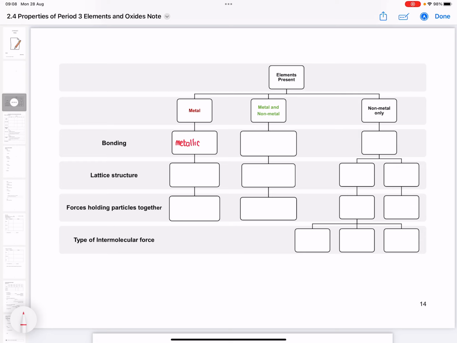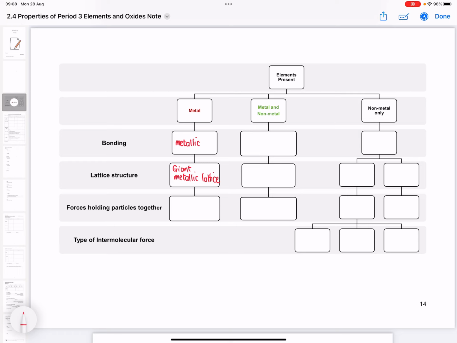So we need to be able to define metallic bonding: a strong electrostatic force of attraction between positive metal ions and delocalized electrons. If our exam question asks us for structure and bonding, then our structure is a giant metallic lattice, and you must remember to say giant metallic lattice. That's not the bonding, that's the structure. The bonding is metallic, those electrostatic forces of attraction.